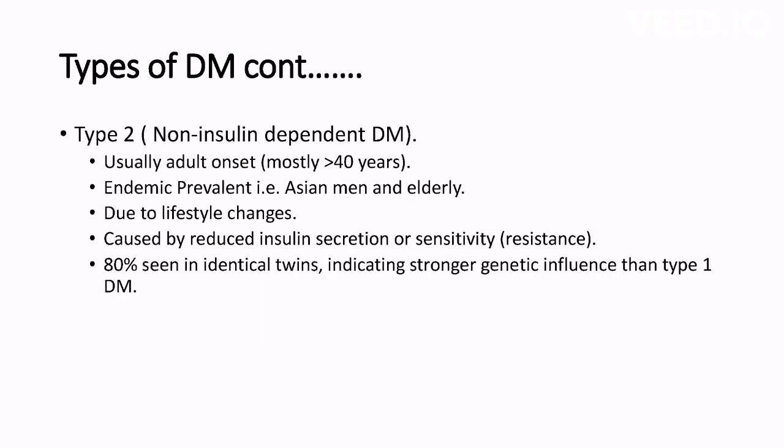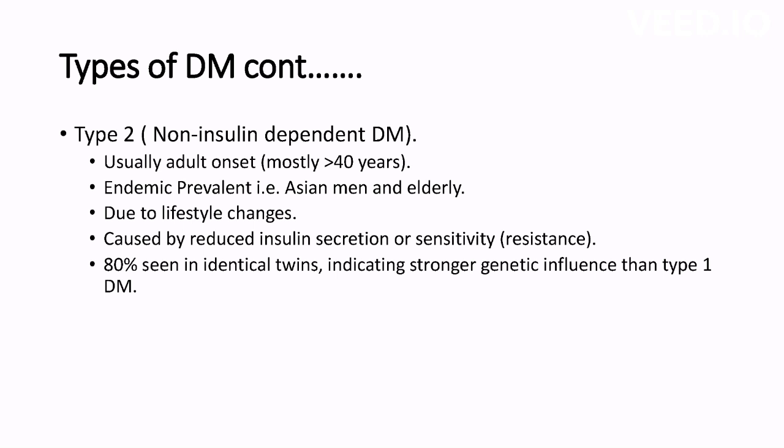Okay, going to type 2 diabetes mellitus. This was previously known as non-insulin dependent diabetes mellitus, and usually it has adult onset. Most of the time it is 40 years and above, but other literature says that it starts from 30 years and above, so either 30 or 40.